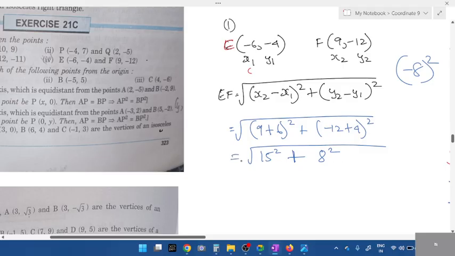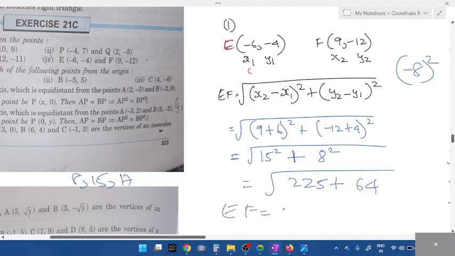This is the triplet concept, the Pythagoras theorem. Which triplet? What's the answer? 8, 15 and which combination? 8, 15? You should get EF as 17. Check. 225 plus 64. Find EF. 2 marks question, yes? 9 plus 6. What's the formula, Anya?